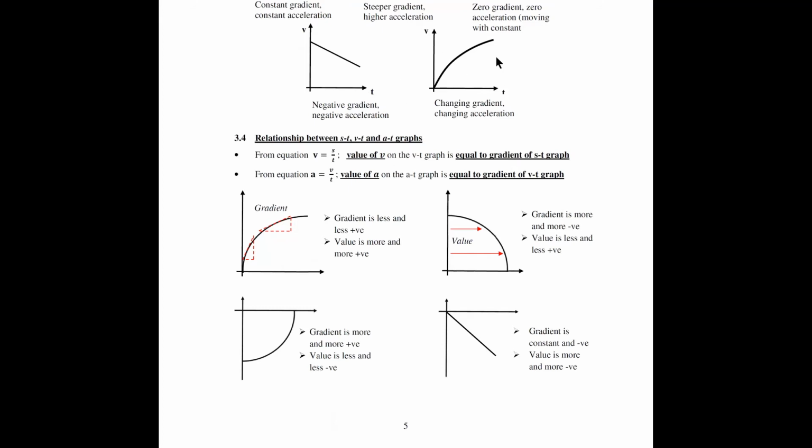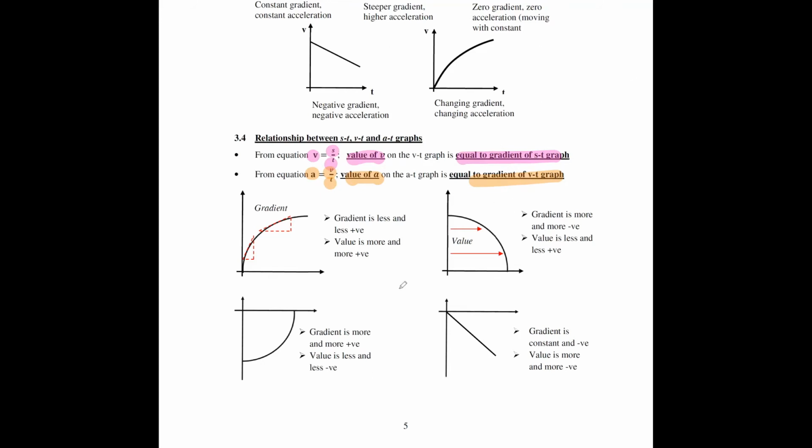Now, if we tell you that velocity is rate of change of displacement, this means that the value of V is equal to the gradient of your ST graph. Likewise, if we say that acceleration is rate of change of velocity, the value of acceleration is equal to the gradient of your VT graph.